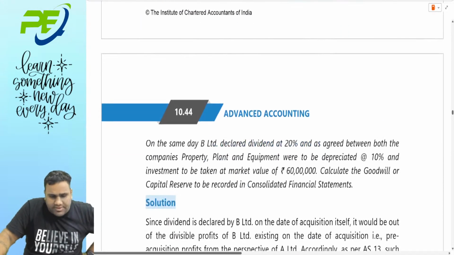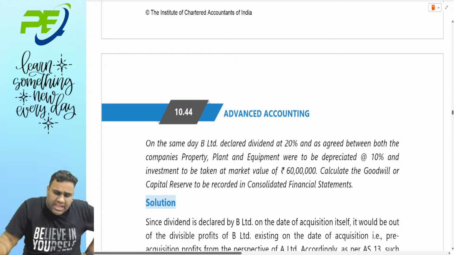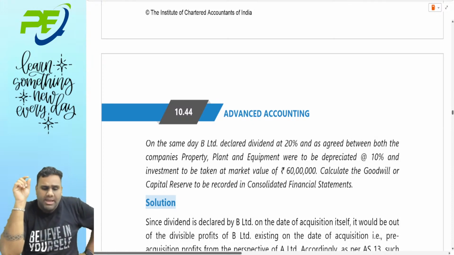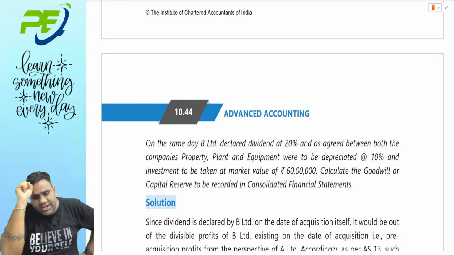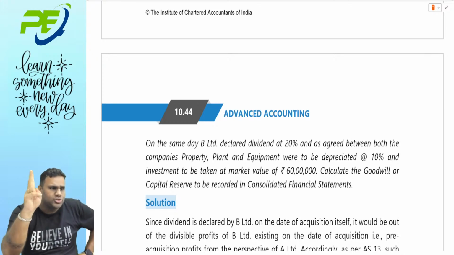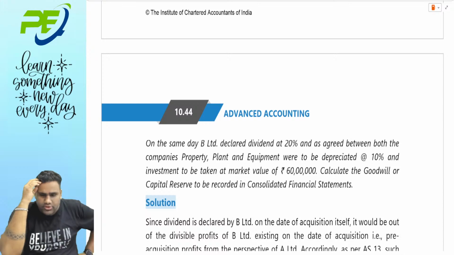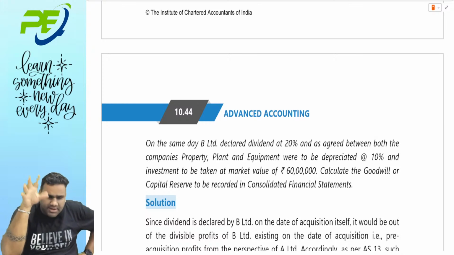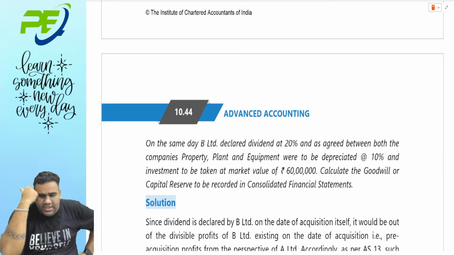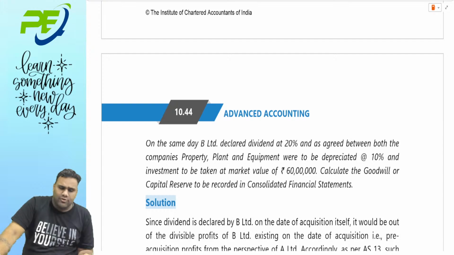On the same day, B Limited declared dividend at 20% as agreed between both the companies. Is this pre-acquisition reserve or post-acquisition? Pre-acquisition. Property, plant and equipment were to be depreciated by 10%. Investment to be taken at market value of 60 lakh.